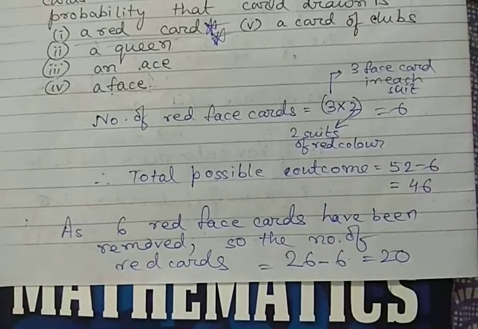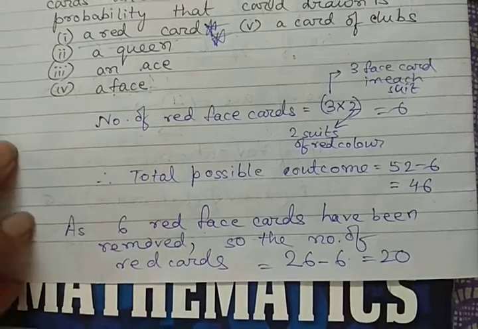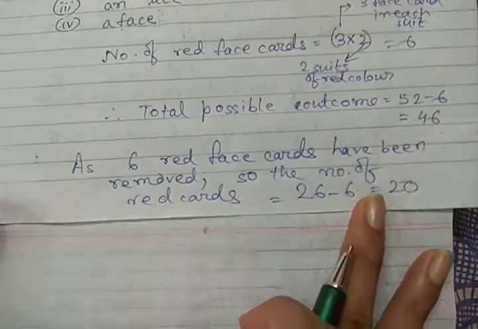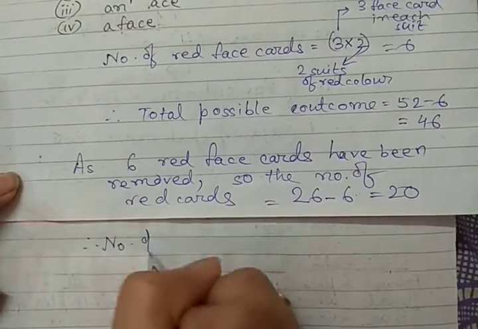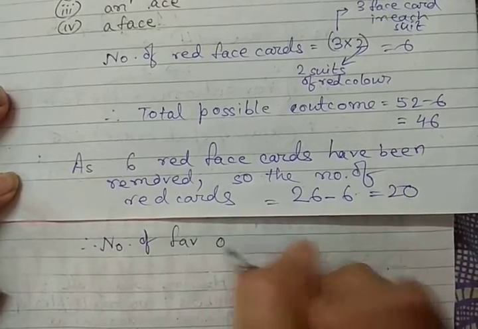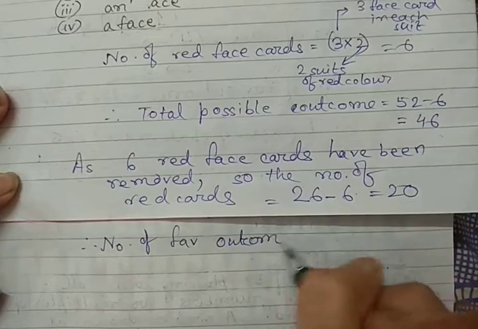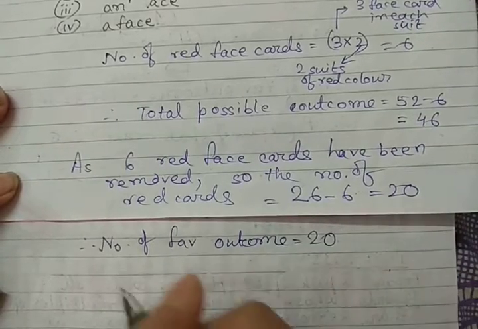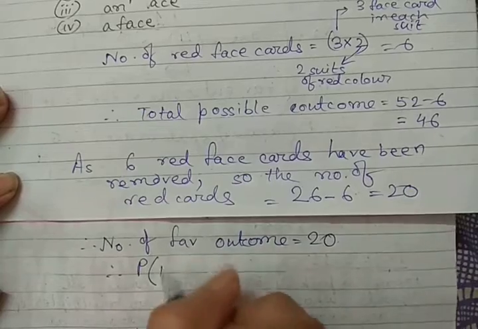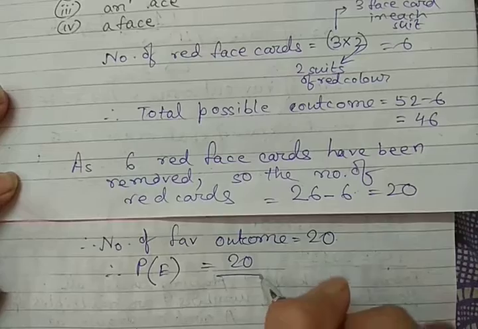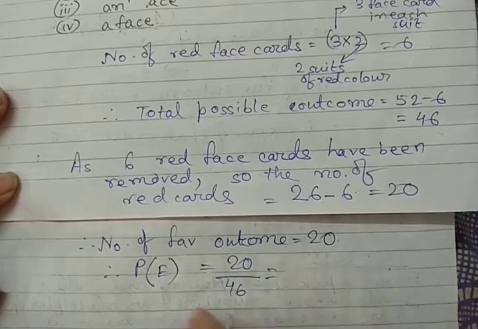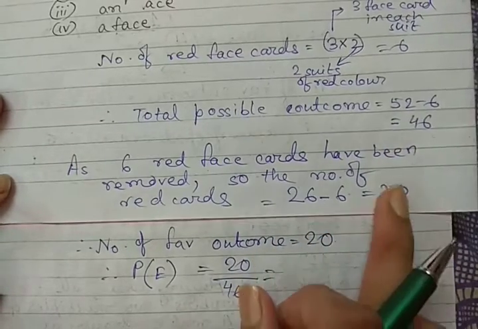Clear? So now what is the favorable outcome? The number of favorable outcome is equal to 20. Therefore the probability of the event, that is getting a red card, is 20 out of how many? 46, because there are 46 possible outcomes, and the favorable outcome is 20.